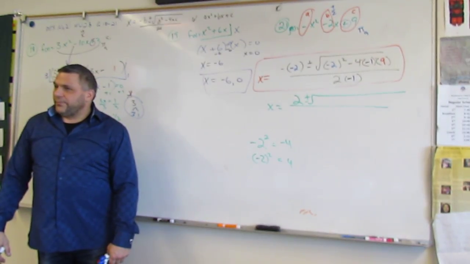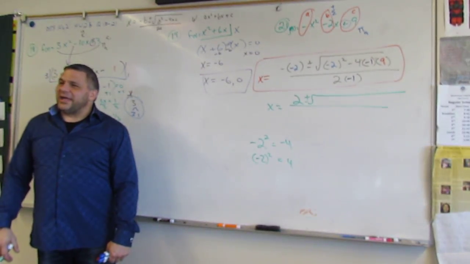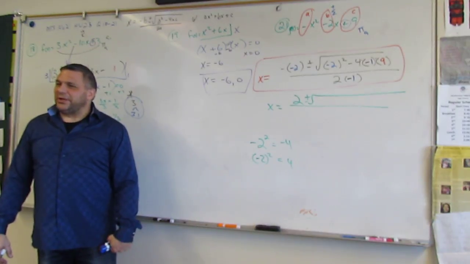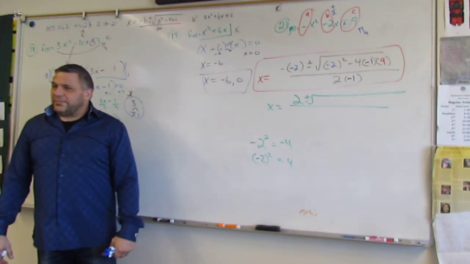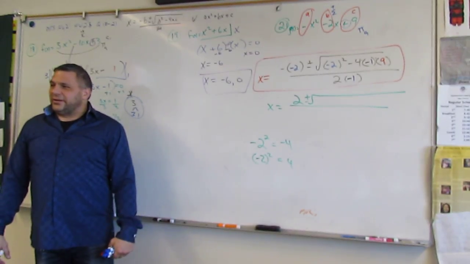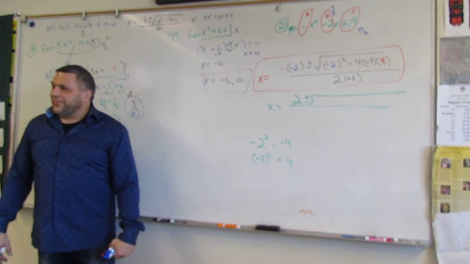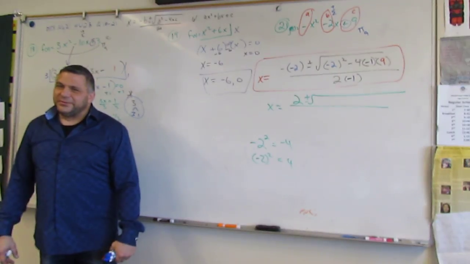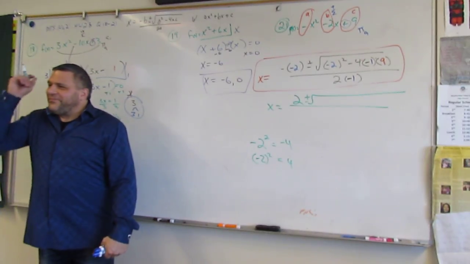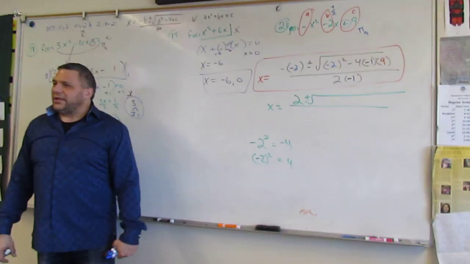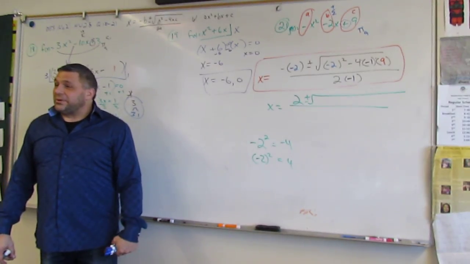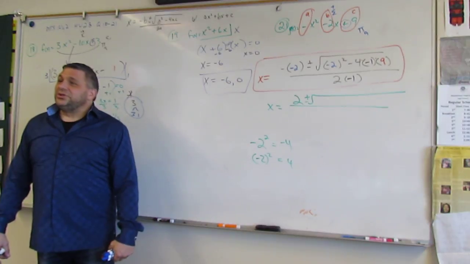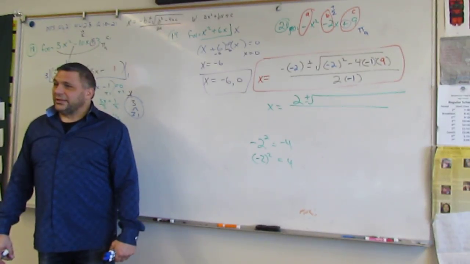Okay? Because in math, I know you guys have been told this, but you've been lied to. So, welcome to life. Your parents lied to you all your life, and so do teachers. Okay? Because we care about you. And we don't want to fog up that head with the reality. And the reality is, there is no such thing as negative numbers. It's an illusion. Okay?